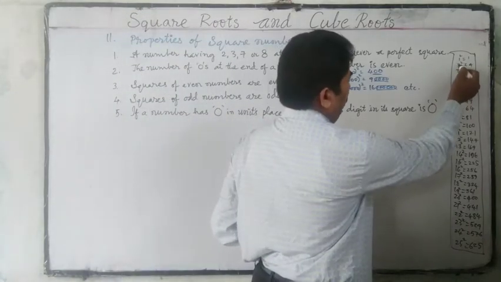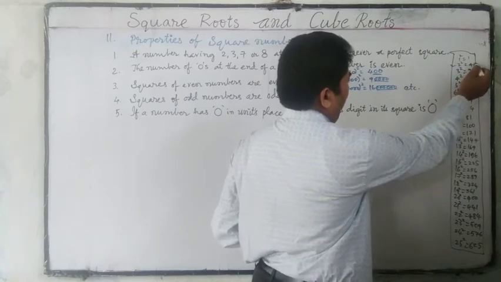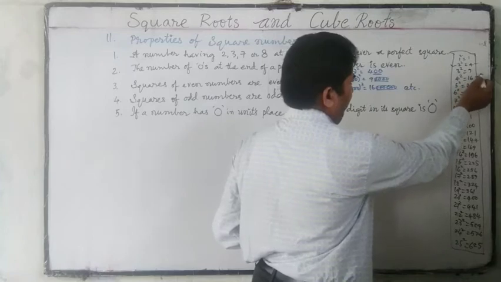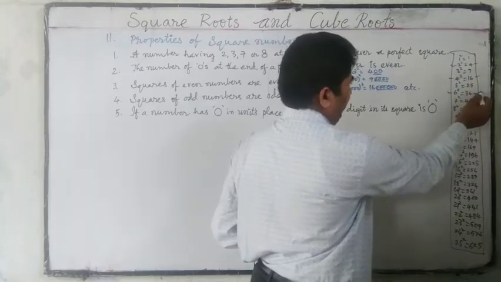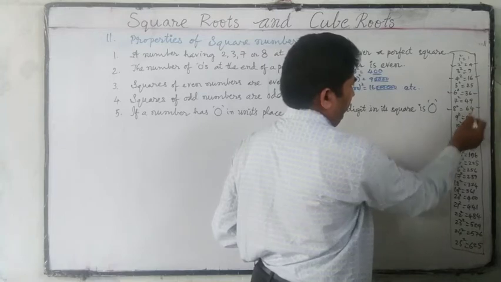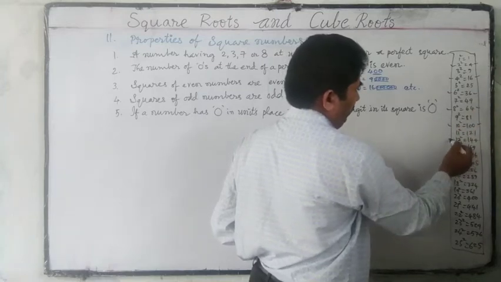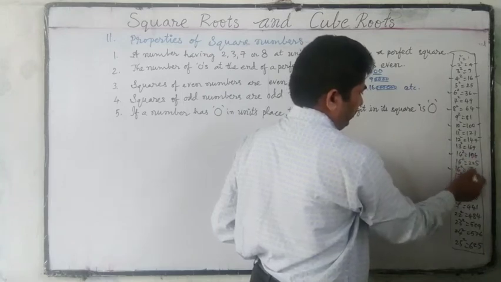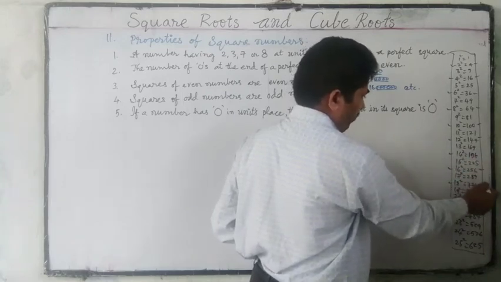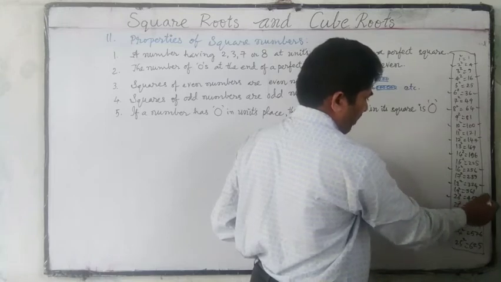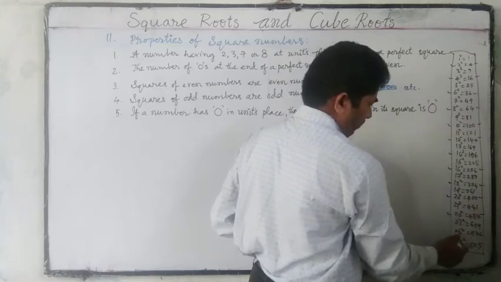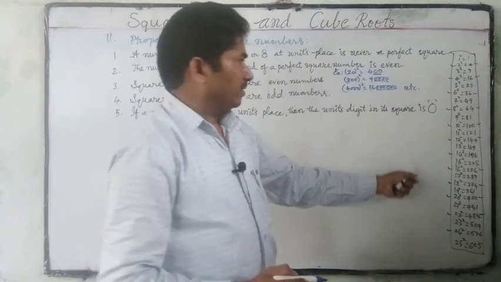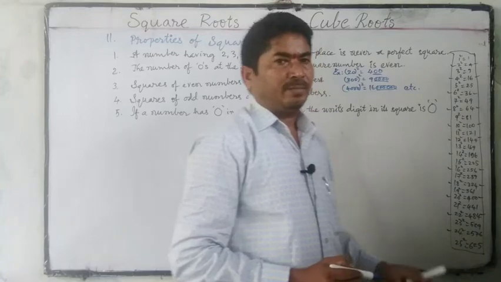So 2 is an even number, 2 2s are 4. 4 is an even number, square of 4 is 16, even number. 6, 36; 8, 64; 10, 100; 12, 144; 14 squared, 196; 16 squared, 256; 18 squared, 324; 20 squared, 400; 22 squared, 484; 24 squared, 576. So these are all even numbers. The squares are also even numbers.